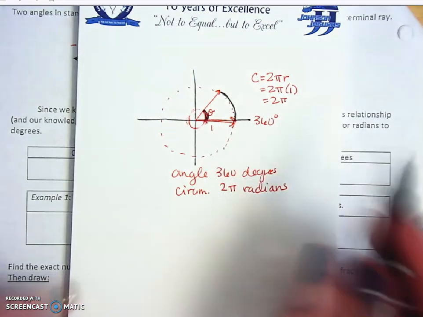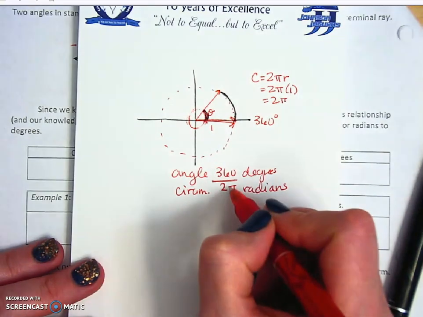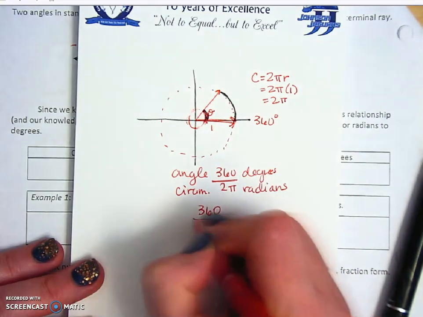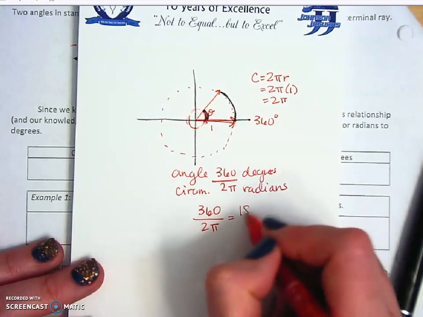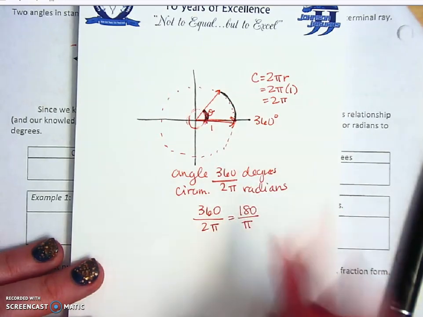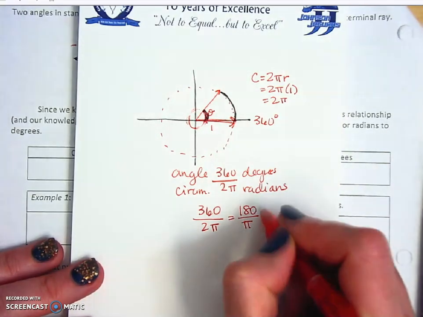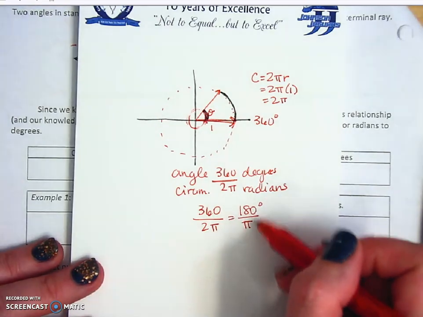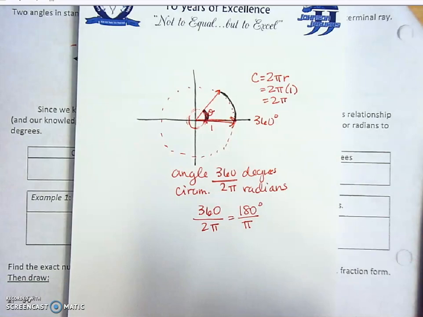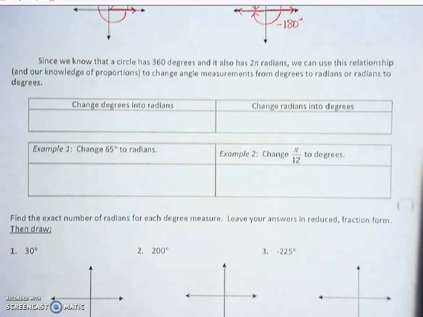If you just set up a proportion of these two values, 360 compared to 2 pi, simplify that fraction by dividing 2 out of each of those, and we have 180 over pi. So for every 1 pi radian, you go around 180 degrees. And we can use this proportion to convert between the two units of measure.